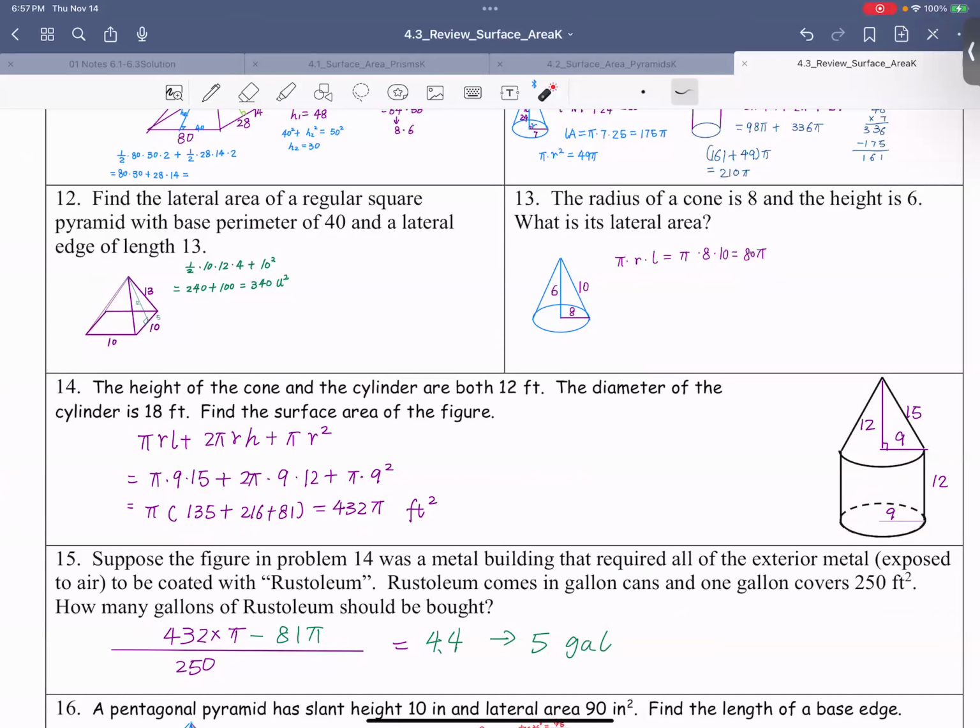Do number 14 also. Do this one pi RL. Do this one 2 pi RH. This bottom is pi R squared.